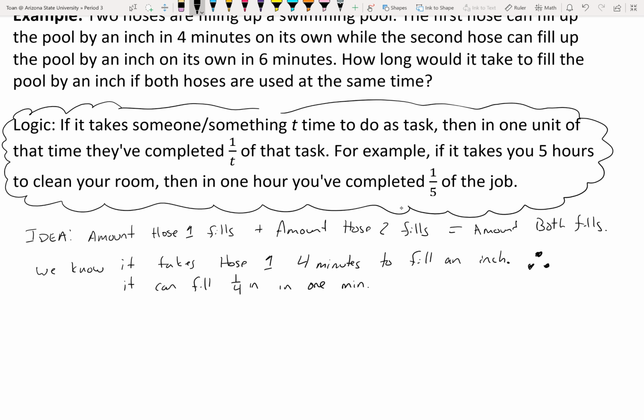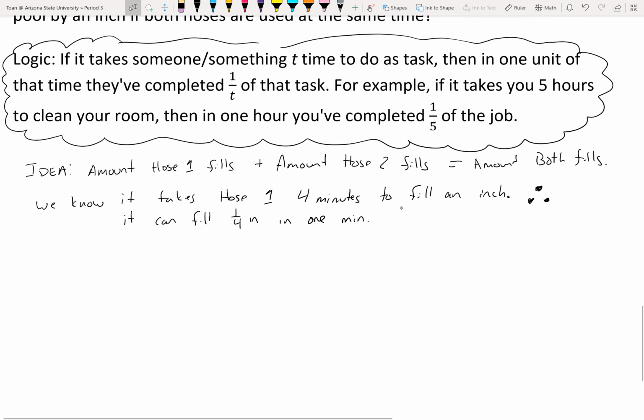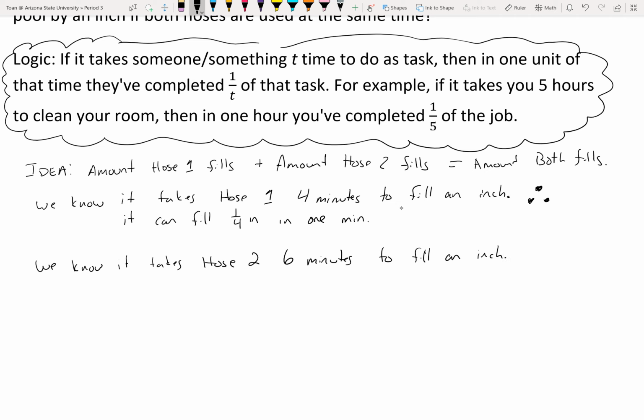Let's do the same logic for hose 2. We know it takes hose 2 6 minutes to fill an inch. Therefore, it can fill how much in 1 minute? 1/6 of an inch in 1 minute.